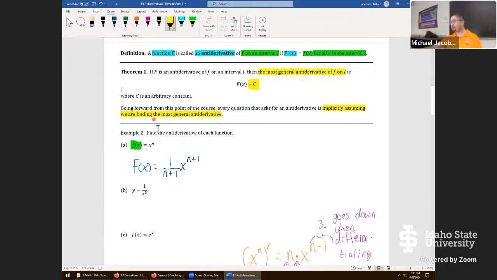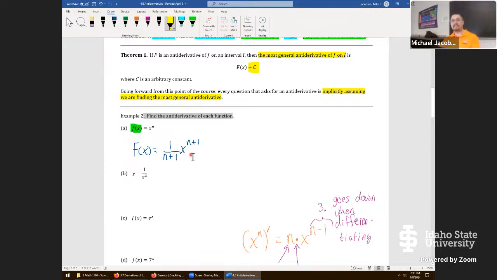But for any question going forward where it says find the antiderivative, it's always assuming implicitly we're finding the most general one. So even when we get here, well, we reversed the power rule, that part's done. But this is just an antiderivative. We want the family of all antiderivatives whatsoever. We do that by just slapping on an arbitrary constant.